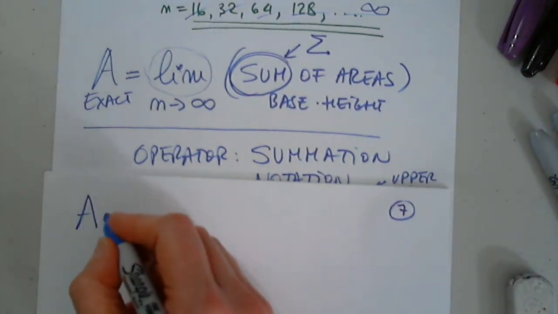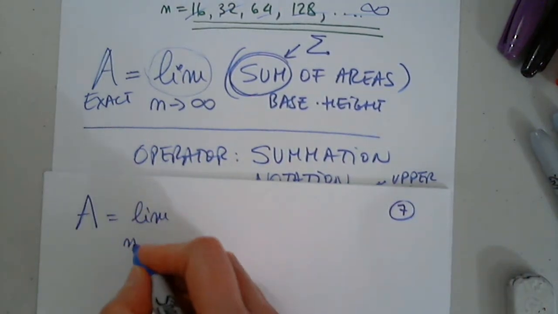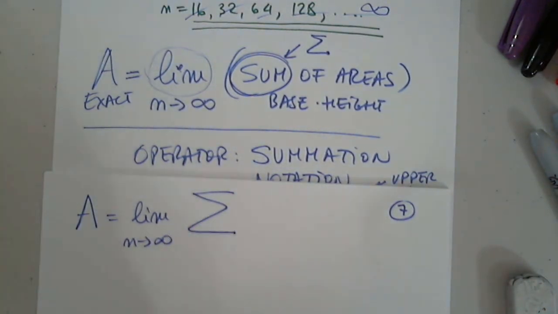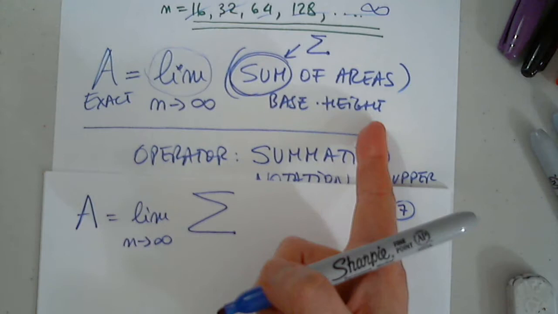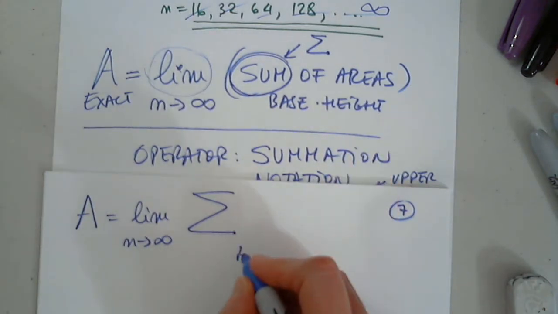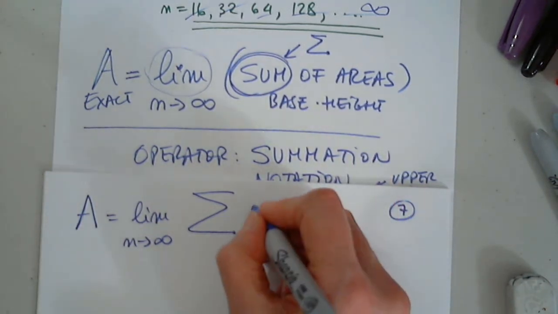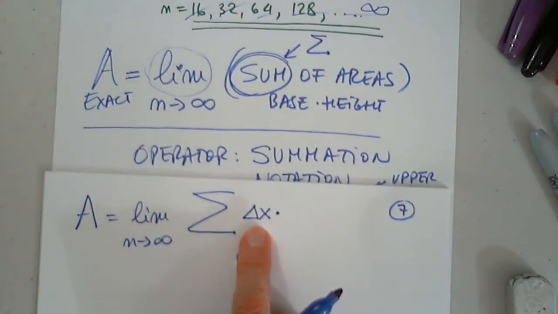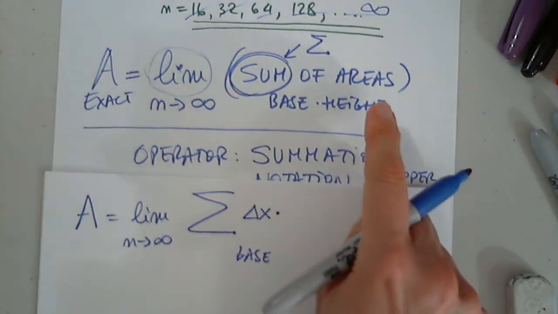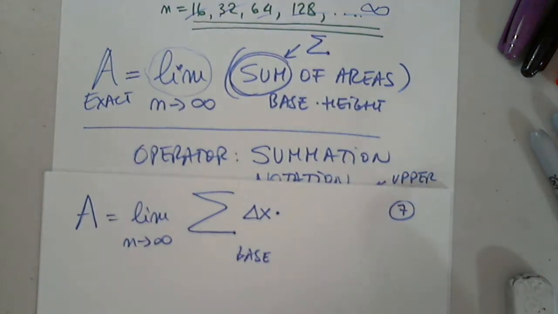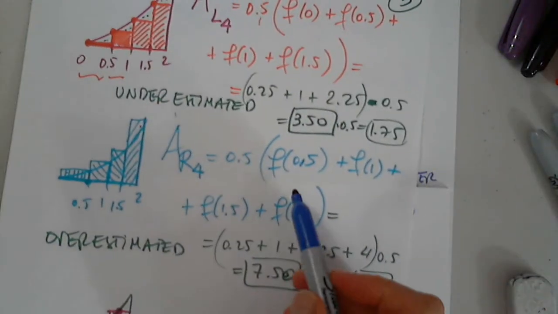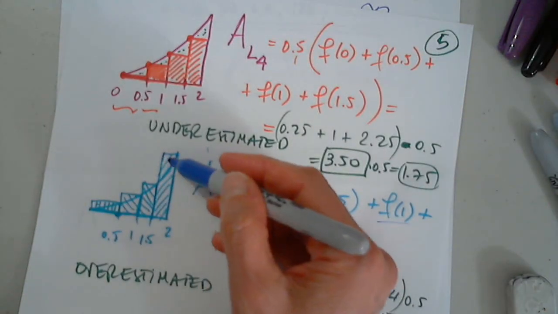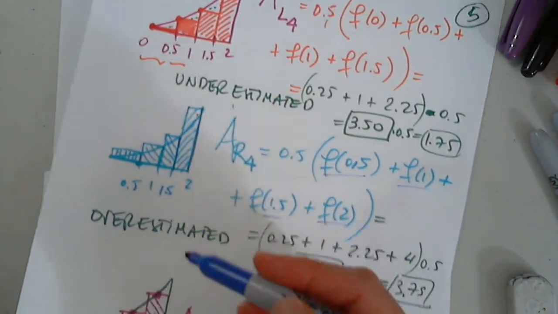So the exact area is the limit as n approaches infinity from the sum of base times height. The base is denoted by delta x, and we had this in the previous chapter, times the height. How did we get these heights? Either this or this or this.